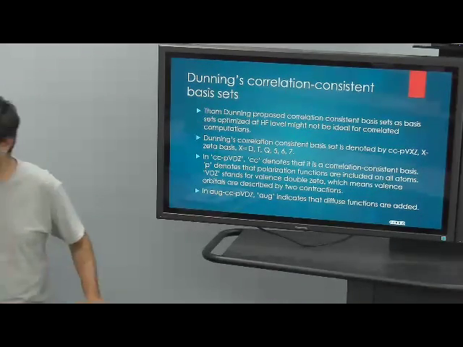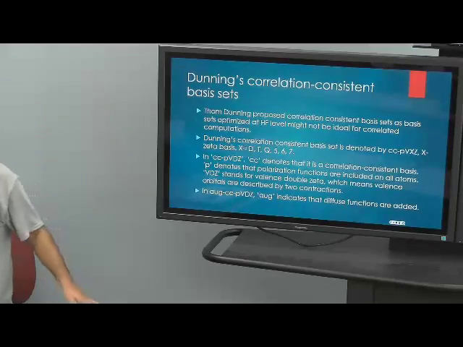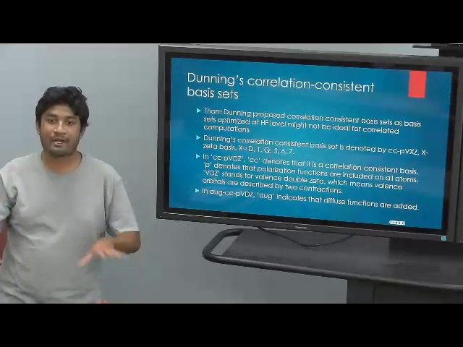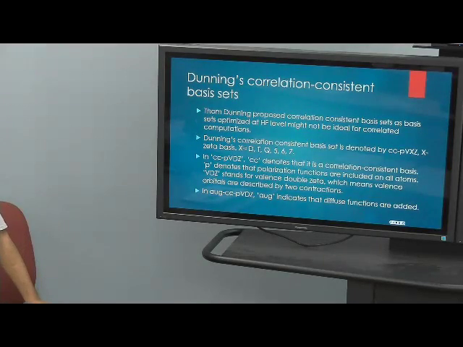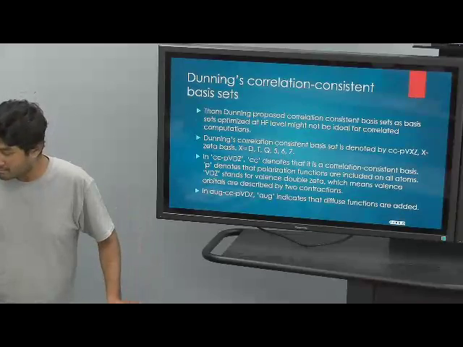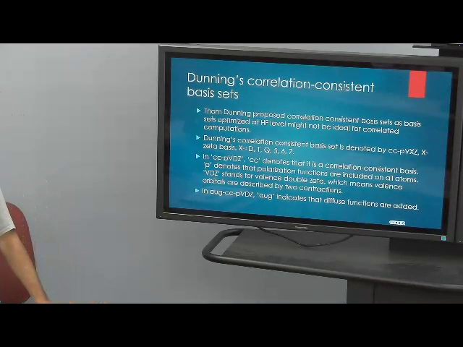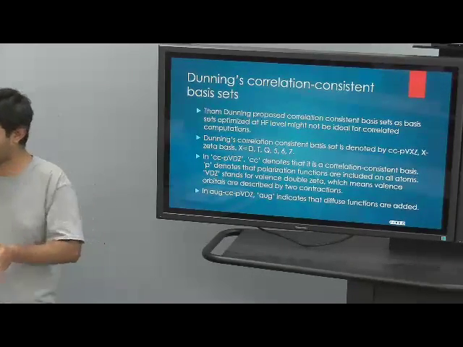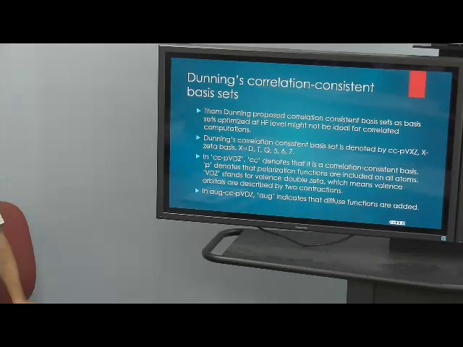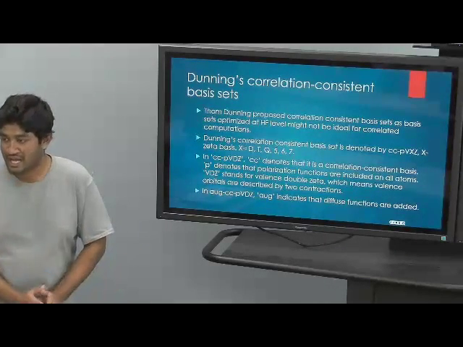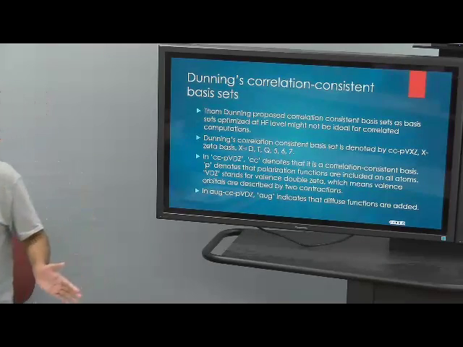Dunning's correlation consistent basis sets. Thom Dunning proposed correlation consistent basis sets, as basis sets optimized at a Hartree-Fock level may not be ideal for correlated computation. Dunning's correlation consistent is generally denoted by cc-pVXZ. CC denotes correlation consistent, P means polarization functions are added on all atoms, and VDZ means valence double zeta, which means the valence orbitals are described by 2 contractions.